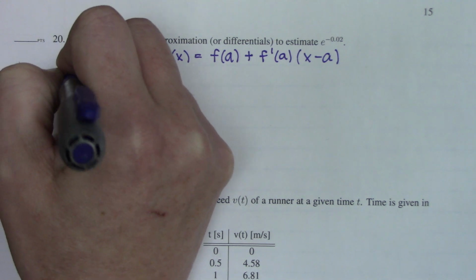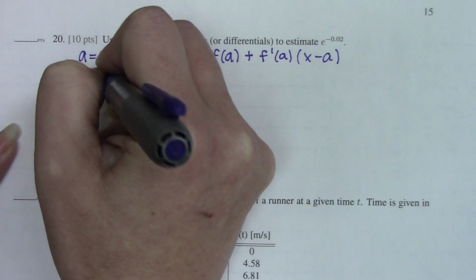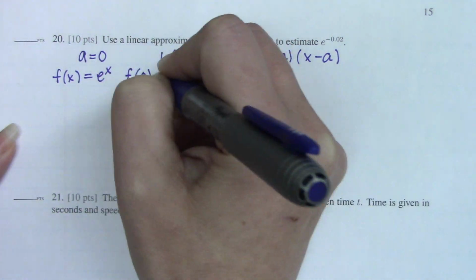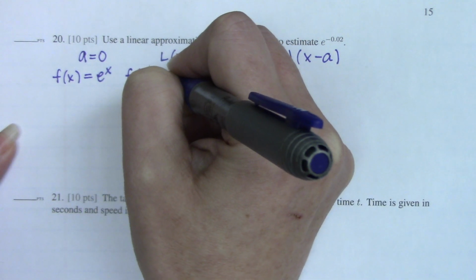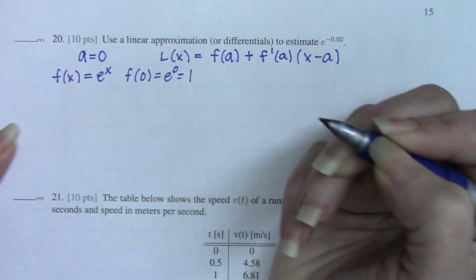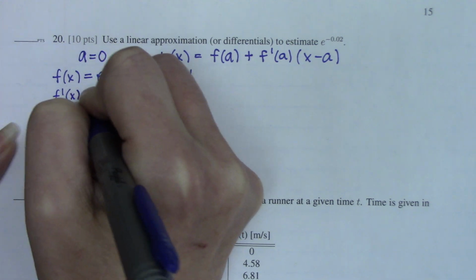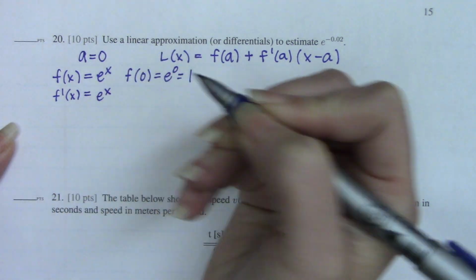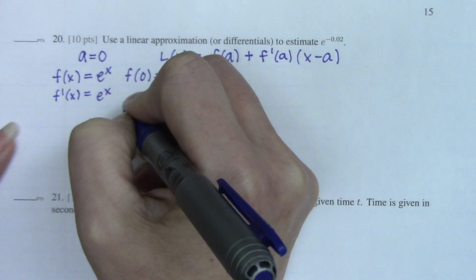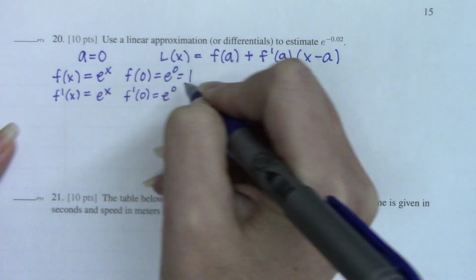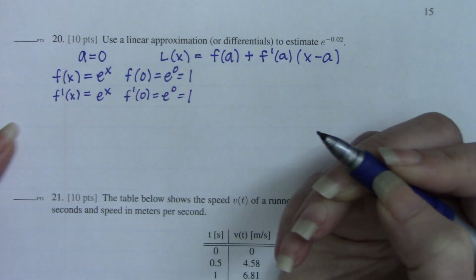The function that best represents what we're trying to estimate is going to be e to the x. So f of x is e to the x, and our f of a, which will be f of 0, is e to the 0, which equals 1. F prime of x is e to the x, because the derivative of e to the x is e to the x. So f prime of 0 is also e to the 0, which equals 1.